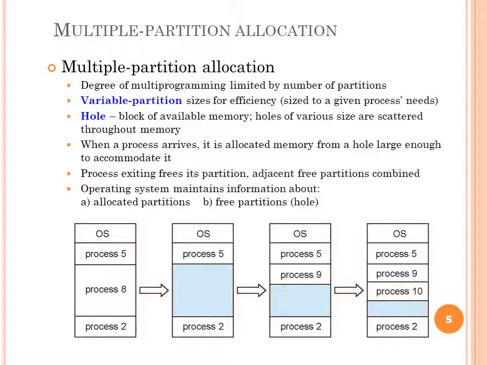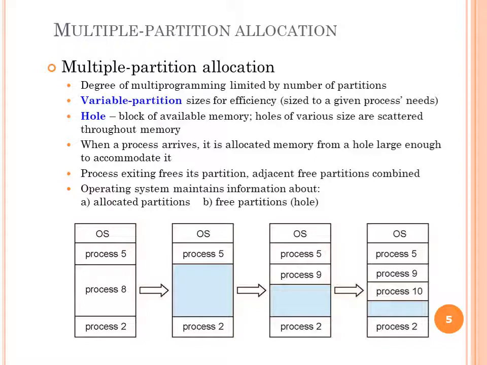In the next figure, when process 8 terminates, it releases its block of memory, which is then placed back into the set of holes. If the new hole is adjacent to other holes, these adjacent holes are merged to form one larger hole. At this point, the system may need to check whether there are processes waiting for memory and whether this newly freed and recombined memory could satisfy the demands of any of the waiting processes.